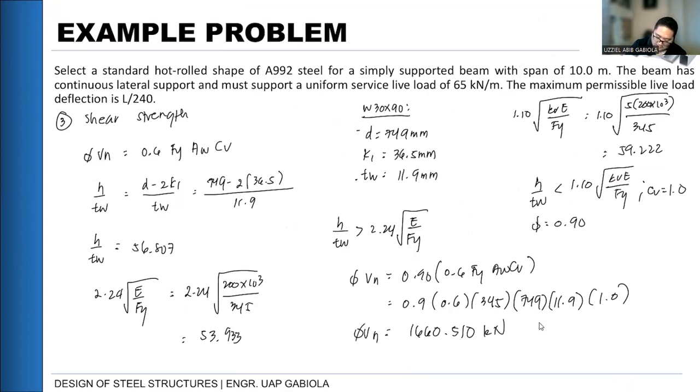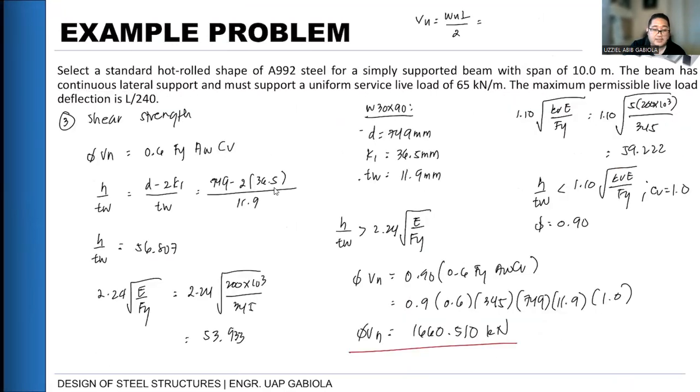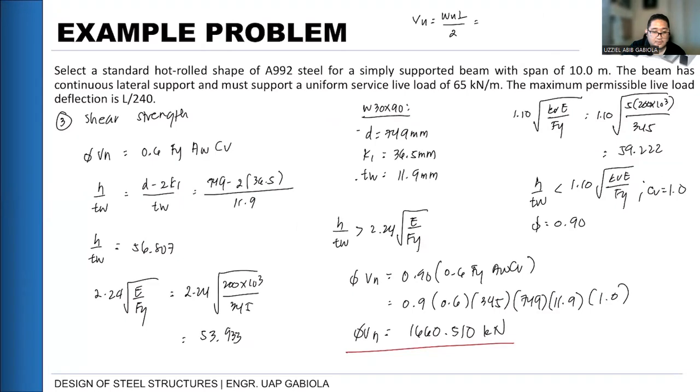So ano yung magiging Vu natin? Vu natin is, since simply supported yon na uniformly distributed, wL over 2. Okay? So yung wu natin from our Excel kanina is 105.58.